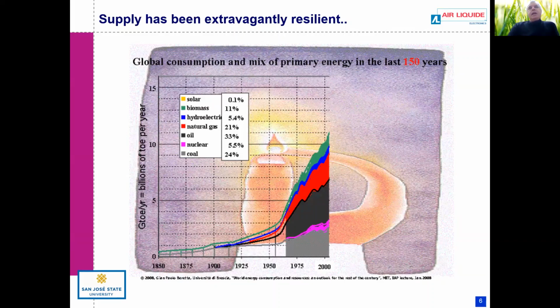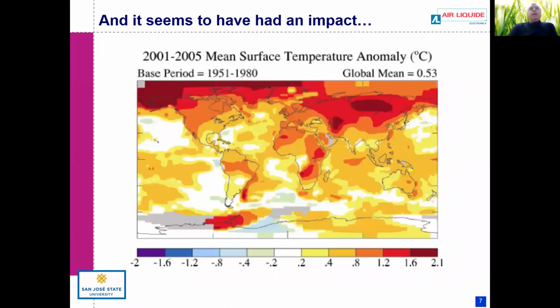And if we look at the mixture of all these different types of power sources that we use over the years, basically oil and natural gas have been on the rise. But there's consequences to burning oil, and one of the main ones is that it's increasing CO2 levels in the atmosphere.